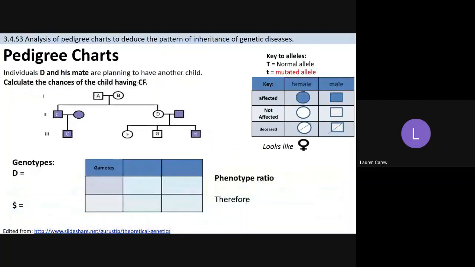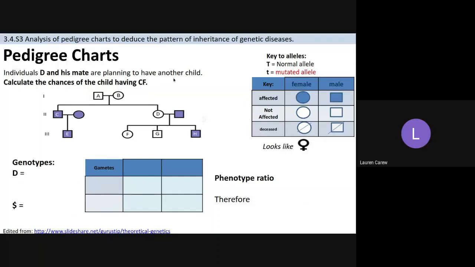All right, and then sometimes we'll ask questions about individual D and his mate. So that's these two right here. So individual D is actually a female. So individual D and her mate are planning to have another child. Calculate the chances of the child having CF.